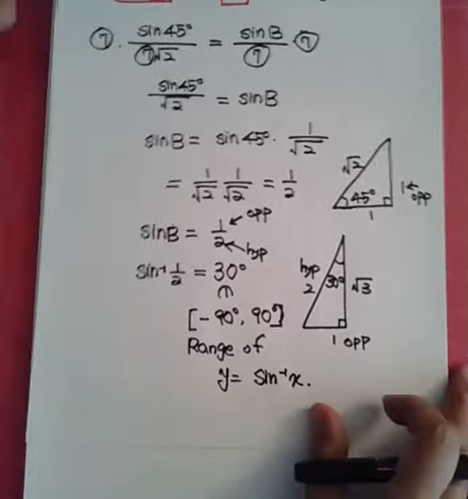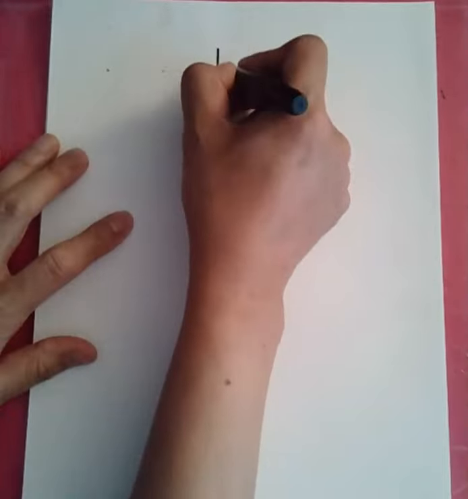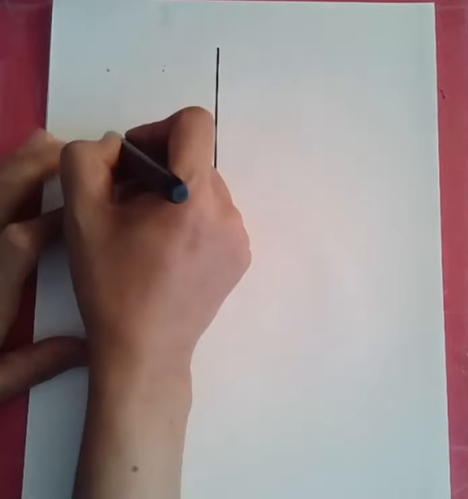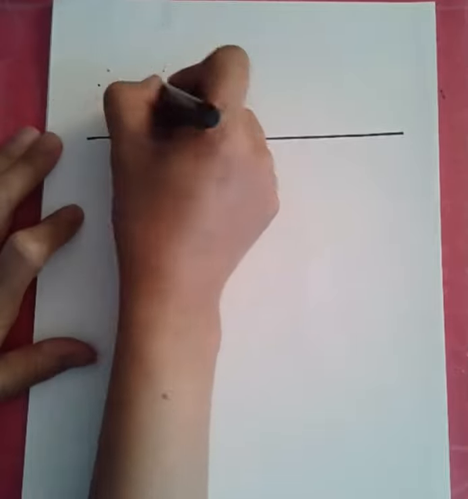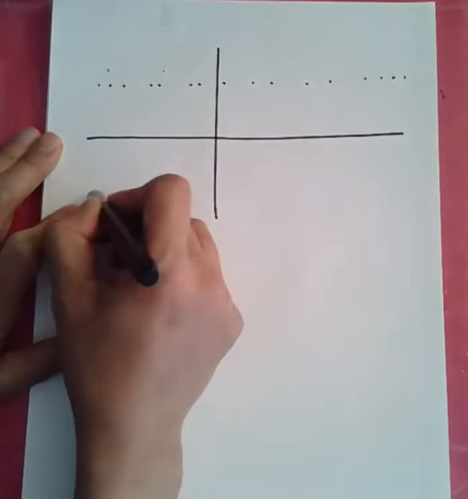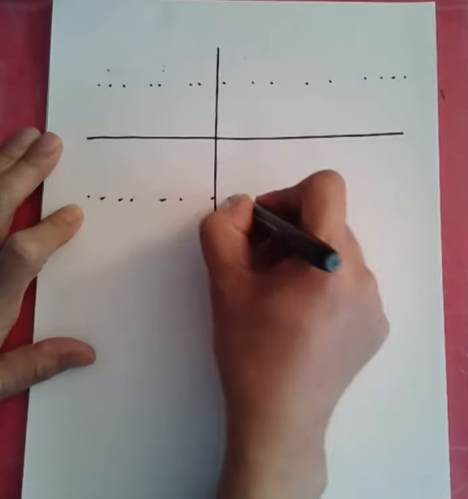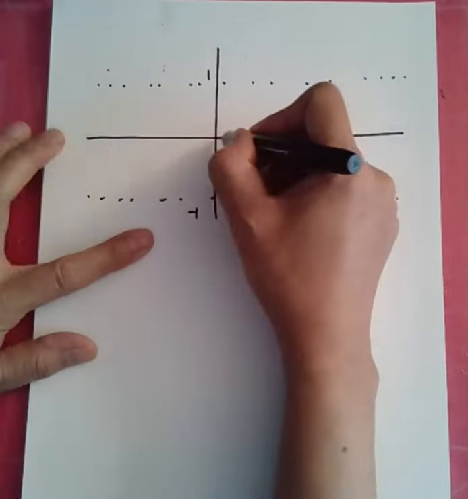Let's think about the graph of the sine function. This is 1 and this is -1.